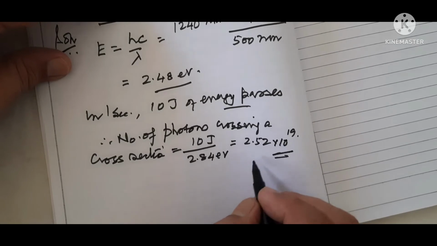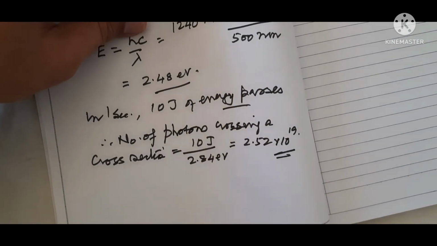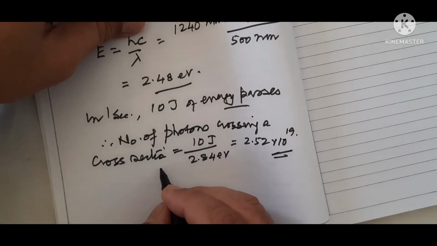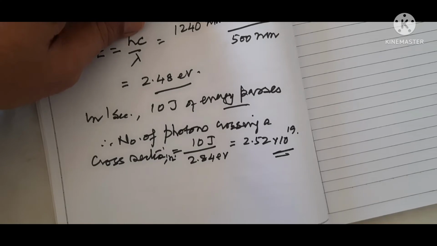If you calculate, you will get this many photons crossing this cross section area, right? That number n we have found out: 10 joule by 2.48 electron volt, this many photons are crossing.